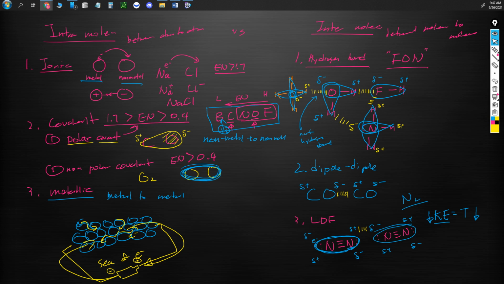To be more exact, negative 195 degrees Celsius, then these start to form, and the gas state of nitrogen will start to become liquid nitrogen.